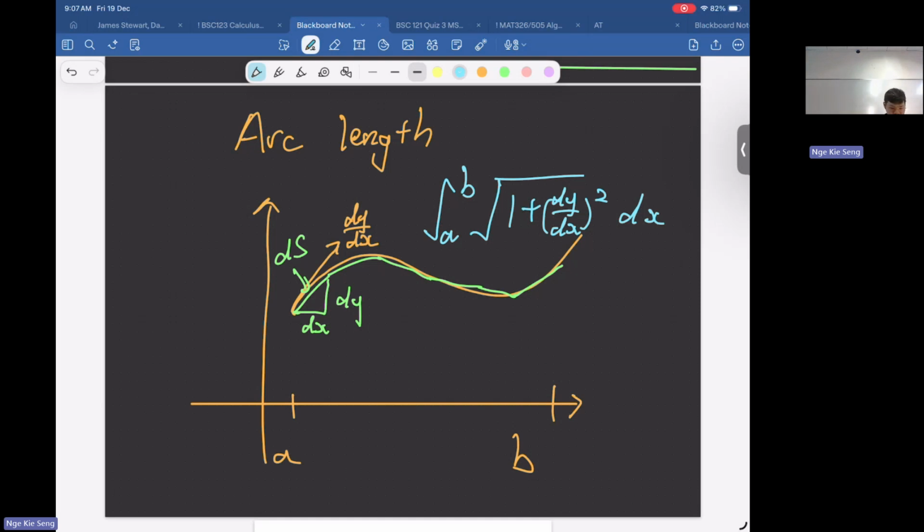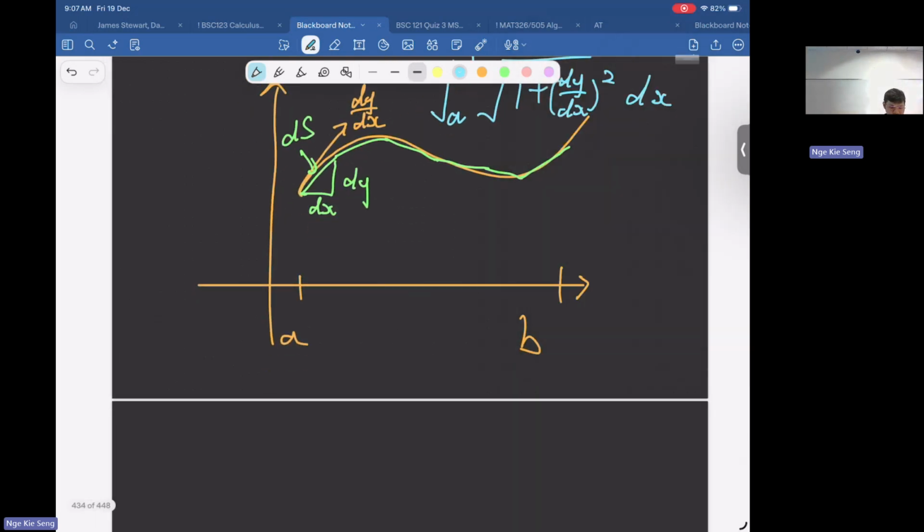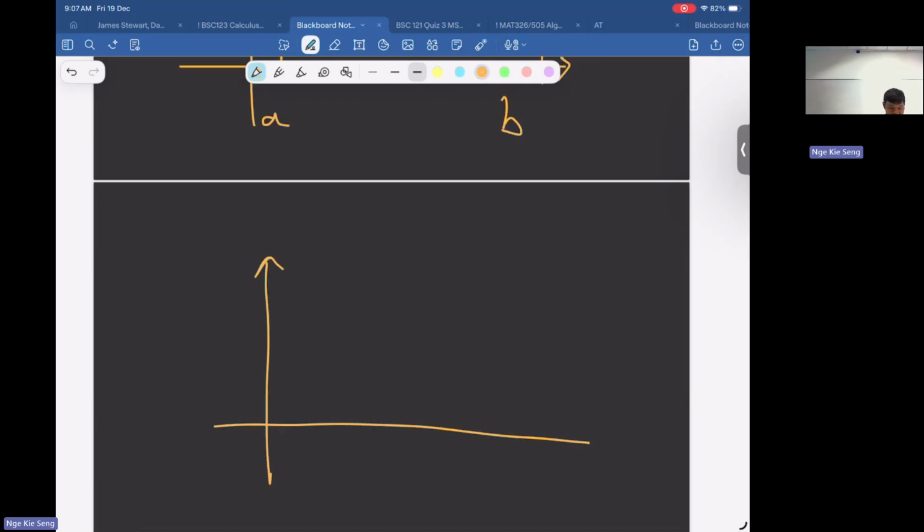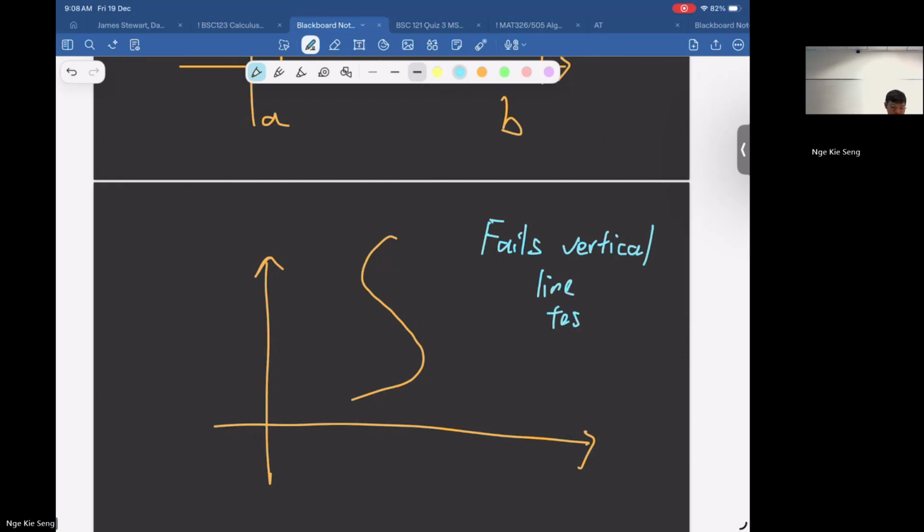Okay. So next we will again do this ruler business, but this time we will look at the function the other way. If you look at this curve here, this is actually not a function, because it fails the vertical line test. It is not a function in x, but a function in y.